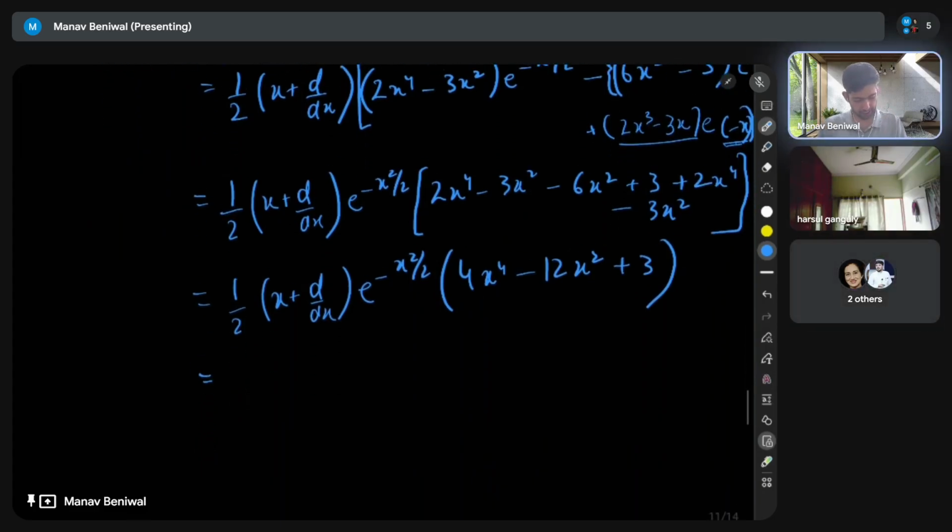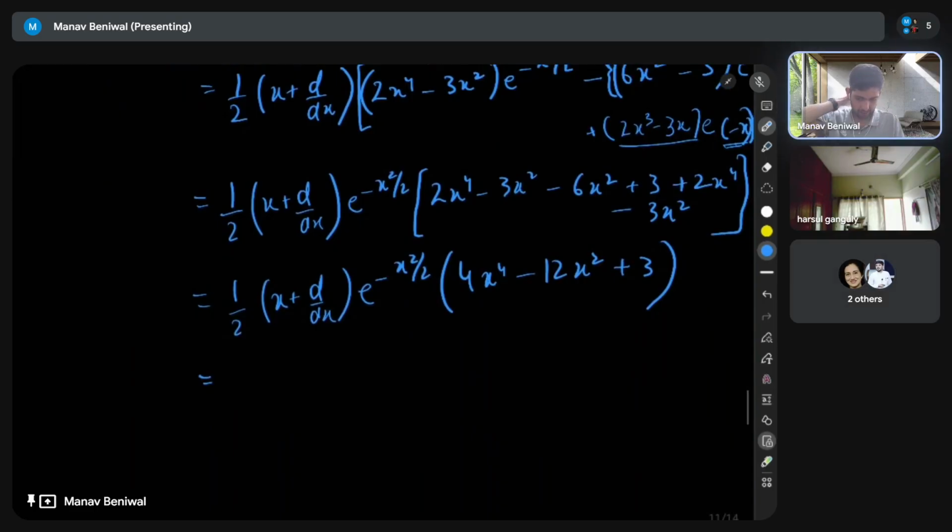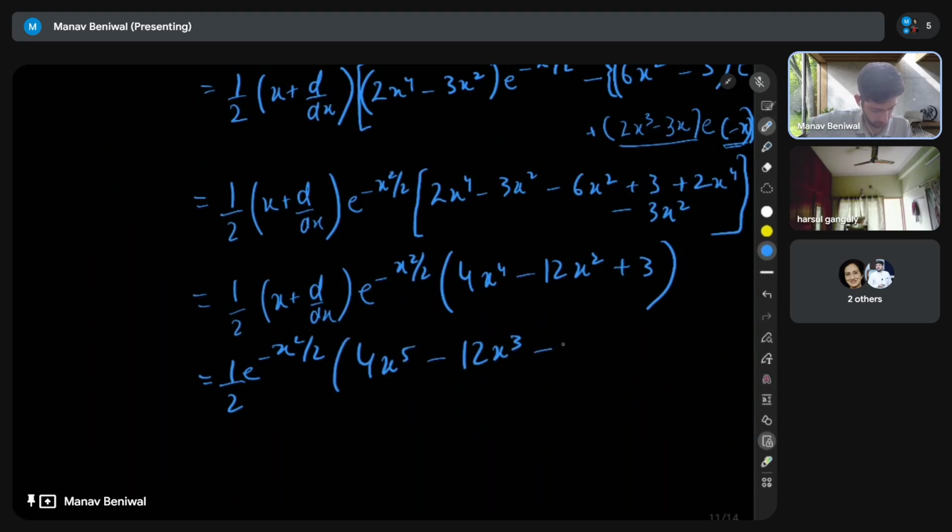So then again, let's do this exercise once more. Let me just take this thing outside. And then when we have x, this will become 4x to the 5 minus 12x cube plus 3x, right? So x will do this, and then we will have the differentiation.